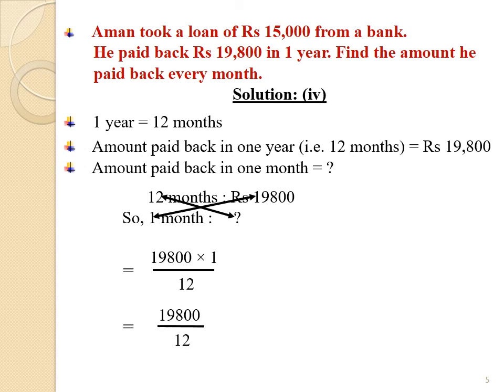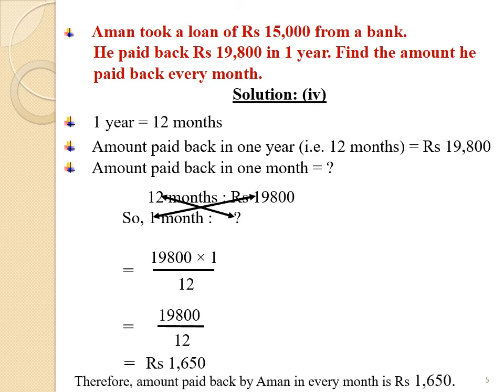Students, now we have to divide 19,800 by 12. Thus, dividing 19,800 by 12, we get rupees 1,650. Therefore, the amount paid back by Aman in each month or every month is rupees 1,650.